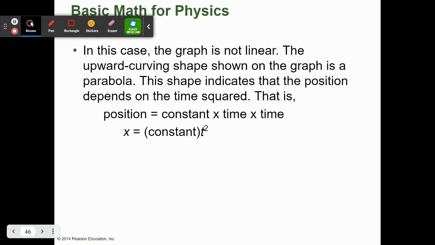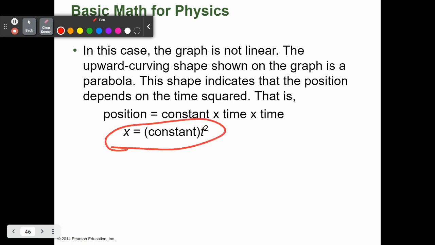So if a graph is not constant or is not linear, then the upward shape is a parabola, and this is the general formula. You're going to have an exponent in there. So if you go back and think about your algebra, slope-intercept, y equals mx plus b, that's only for what? Straight lines. Those are linear graphs.